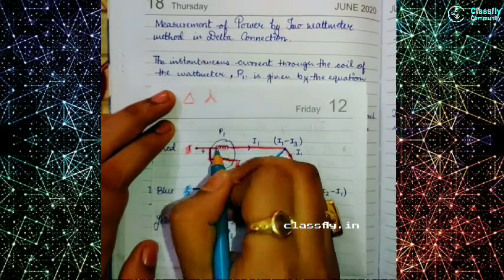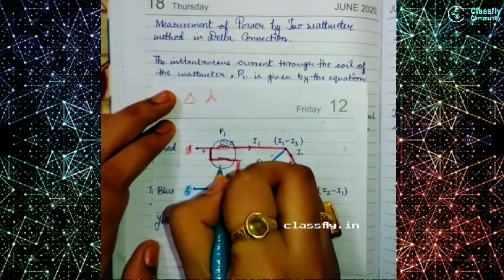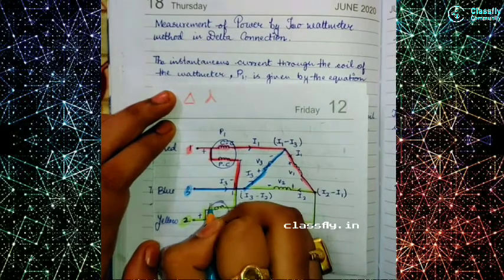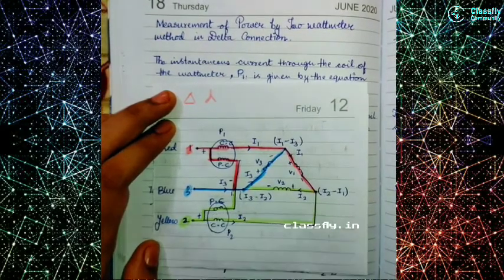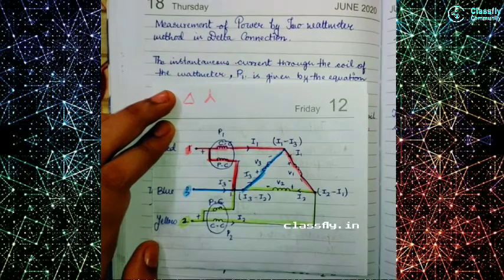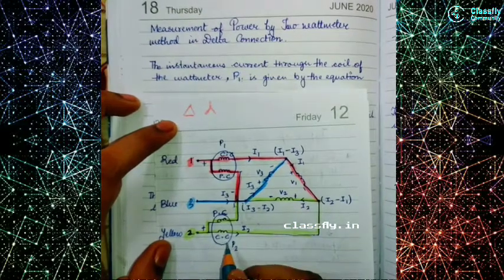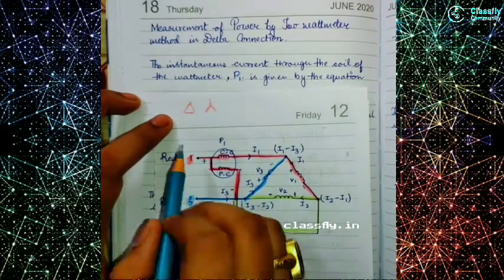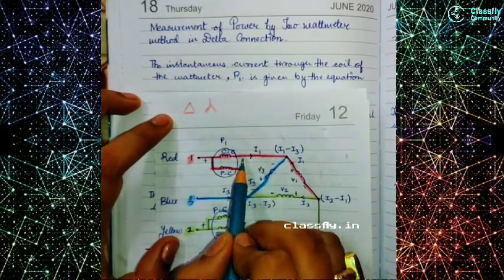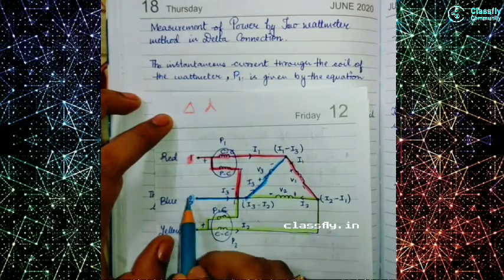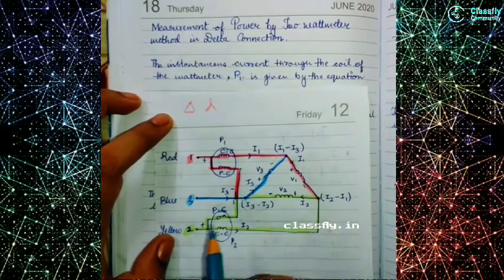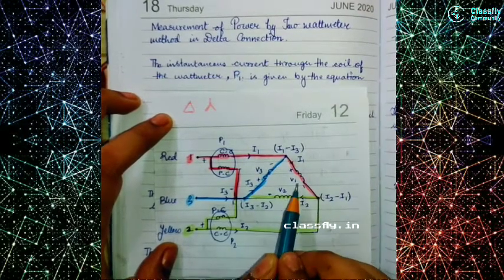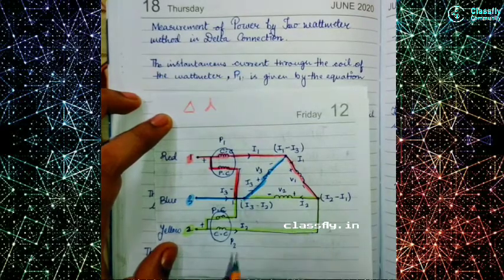This is your C and this is your P, similarly this is your C and this is your P. P is your potential coil, isn't it? And C is your current coil. Yes, you are correct. The red current is denoted as I1, the blue one is denoted with I3, and the yellow color is denoted with I2. These are all the currents, and V1, V2, V3 are the loads.